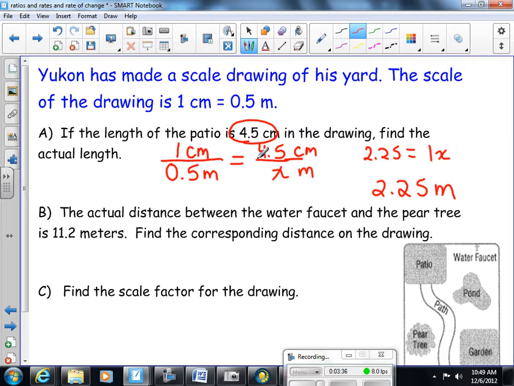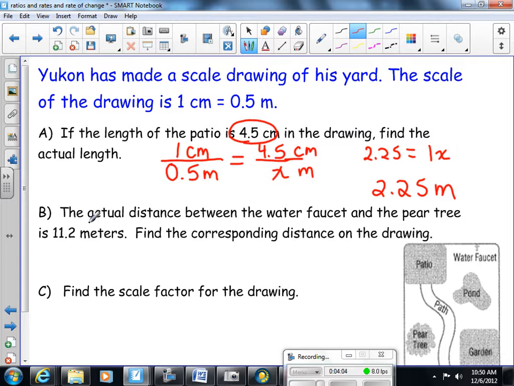So if I have 4.5 centimeters in the drawing, that's really going to be 2 1/4 meters in real life. Any questions on that? You work this by first being given the scale, and then finding the missing length, whether it be in the drawing or model, or in the actual item.